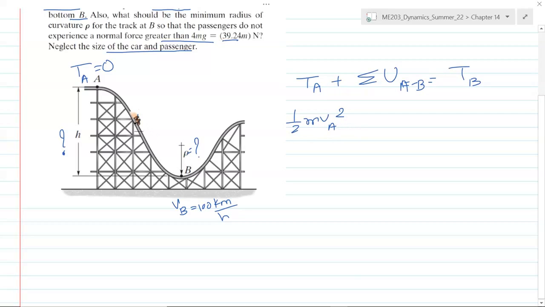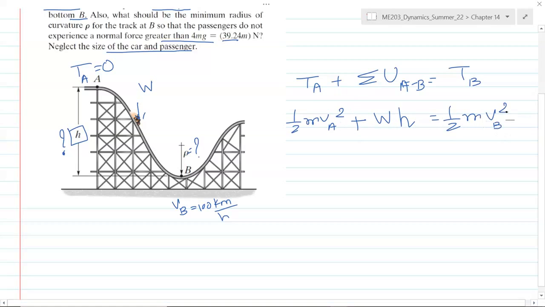Work done is only due to gravity because of the weight of the coaster car and this height h. Since the coaster car is traveling downward and gravitational force also acts downward, the work done by gravity is positive. So it's W multiplied by h, and that's the only force, equals 1/2 m VB square.